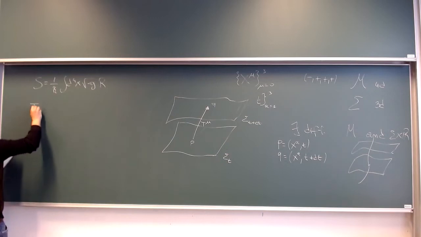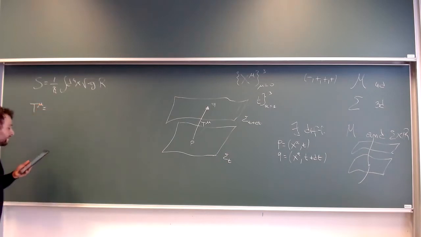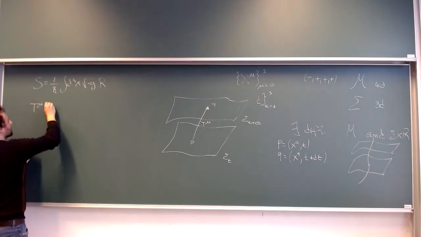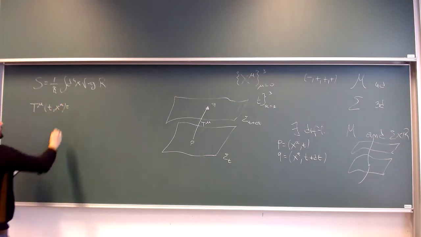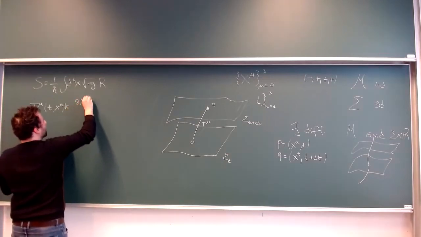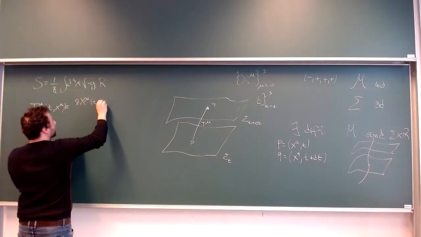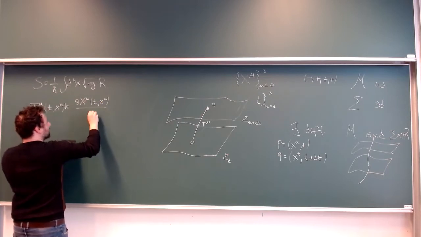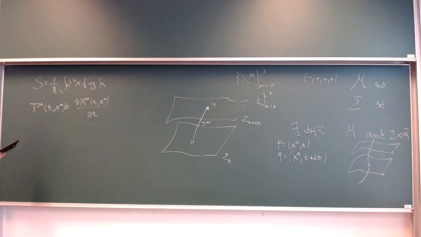Okay, and this t^mu, which of course is going to be the derivative of x^mu(x^a, t) over dt.